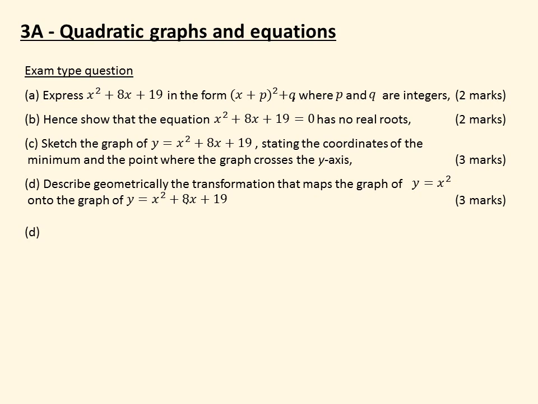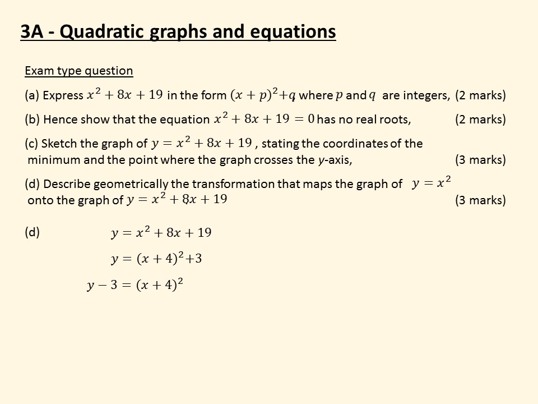Finally, part D. We need to look at the transformation which mapped the quadratic y equals x squared onto our given quadratic. Again, we're going to look at the completed squared form.